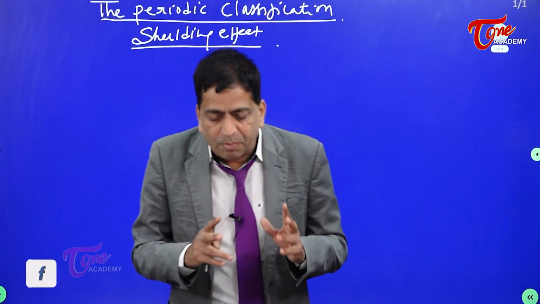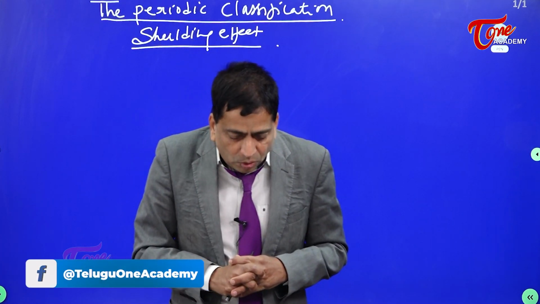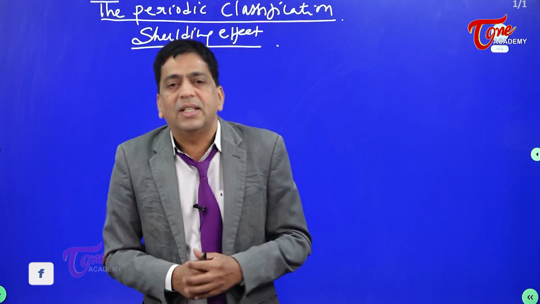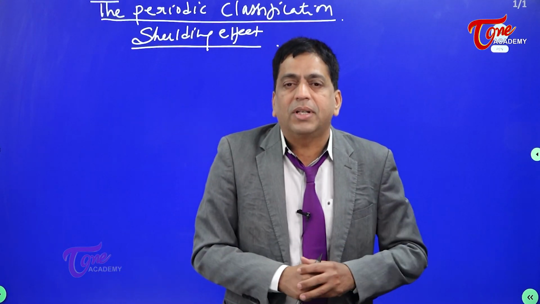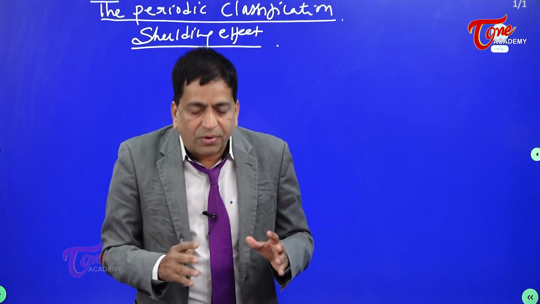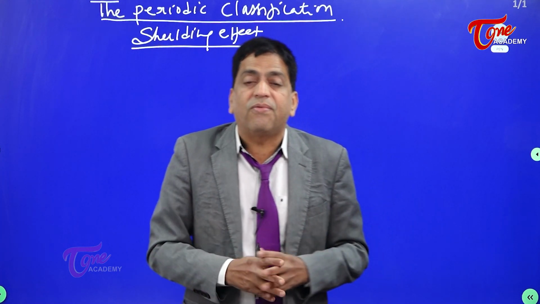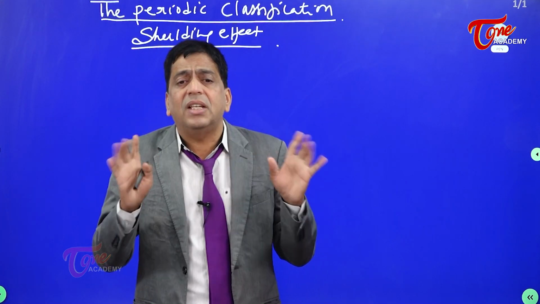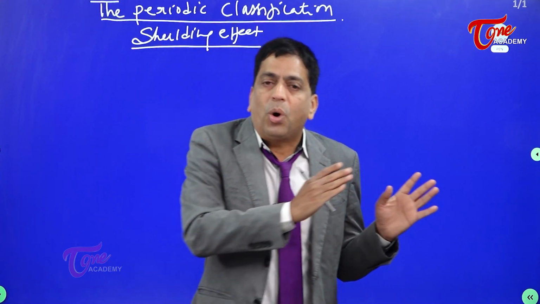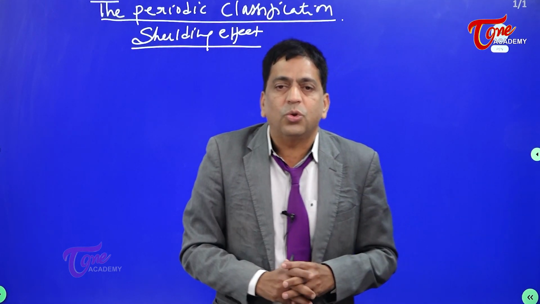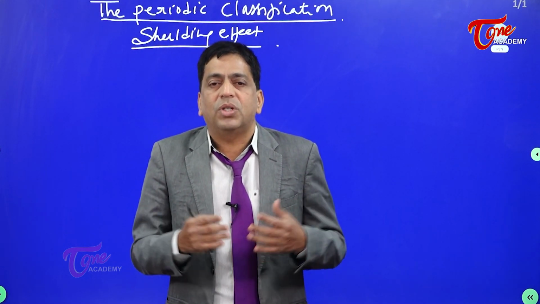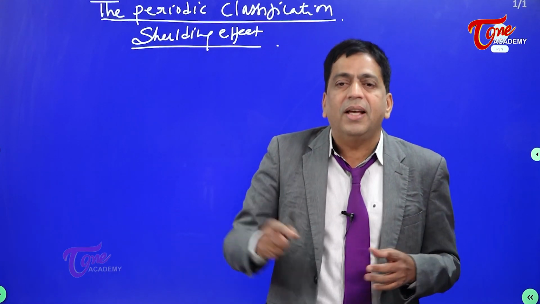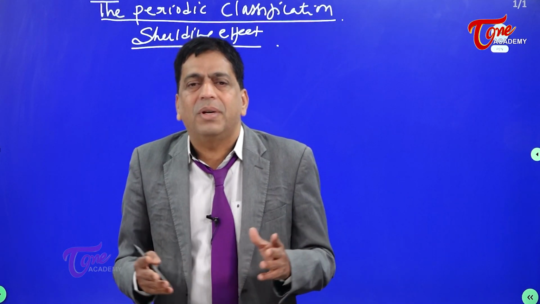The second point I would like to tell you is that there are some properties which repeat themselves at regular intervals. Those properties are nothing but the periodic properties which we were discussing. The most fundamental thing we started with yesterday for the periodic properties is atomic radii, because the physical and chemical properties of an element boil down to atomic radii. Every physical and chemical property, which I call the mode of activity of an element, is basically a function of atomic radii.